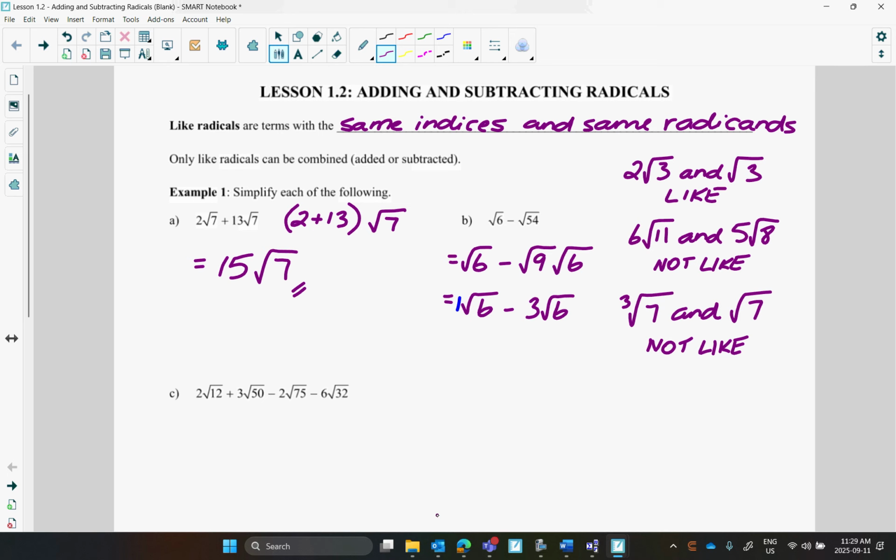Negative 2 root 6. You guys will probably reach the point where you'll stop showing this step. It's not necessary to show this step. Some of you may be able to go directly to this now, and that's fine. If you're still not completely comfortable with that, that is absolutely fine too.